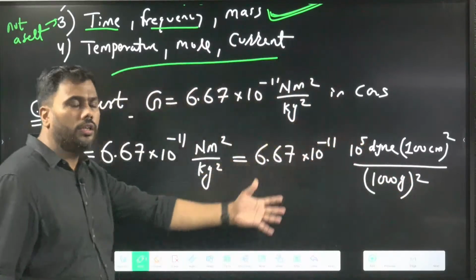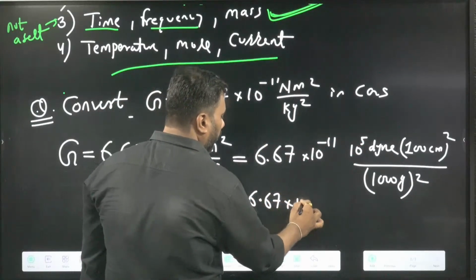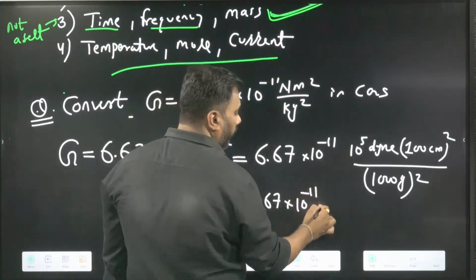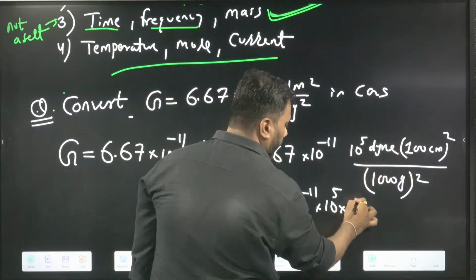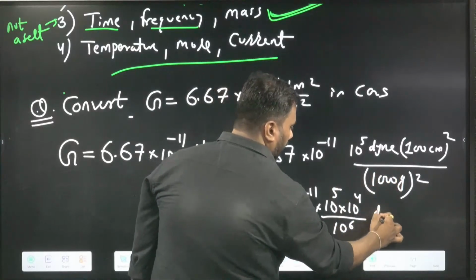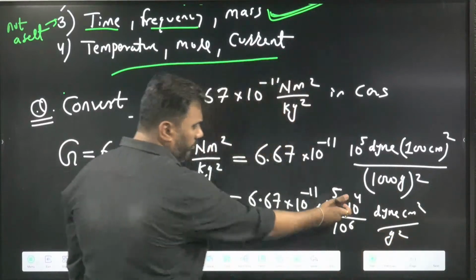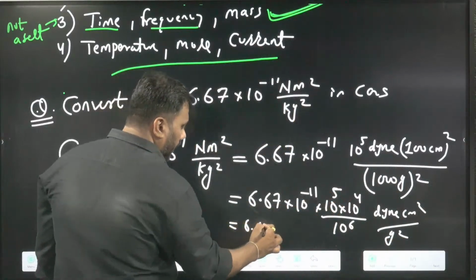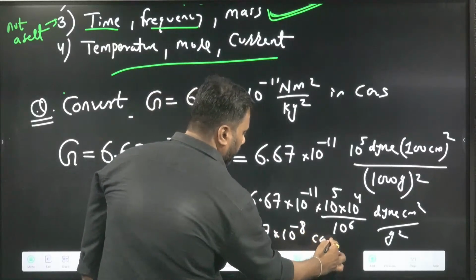Now solve this expression. 6.67 into 10 power minus 11. 10 power 5, and 10 power 4 will come from this expression. In the division we will have 10 power 6, in dyne centimeter square per gram square. If you solve the powers correctly, this is going to be 10 power minus 8 in CGS.